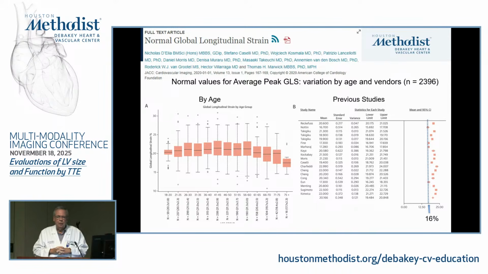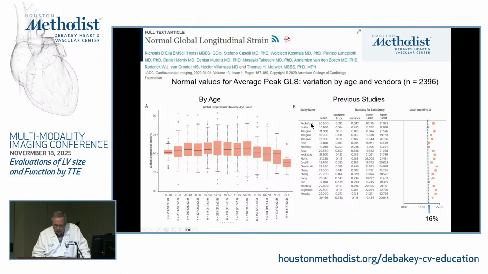And then the second thing that they address is what is a normal strain or shortening. So one of the things that have been shown in large group studies of normal people, these are all normal volunteers, is that as we age, there is a tendency for the GLS to drop a bit, okay?